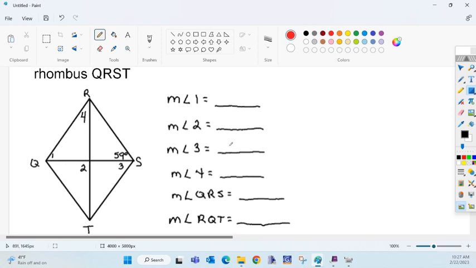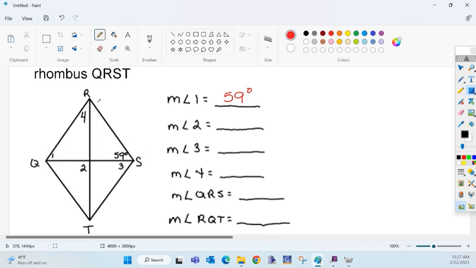This one's 59. You have to have something to start with, or you're gonna get nothing. Go ahead, Christina, tell me one thing. Angle 1 is equal to 59 degrees. Okay, angle 1 is also 59 degrees. Mostly because we noticed that we had a group of 4 that were all congruent.